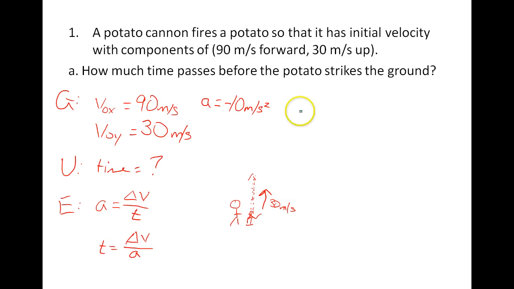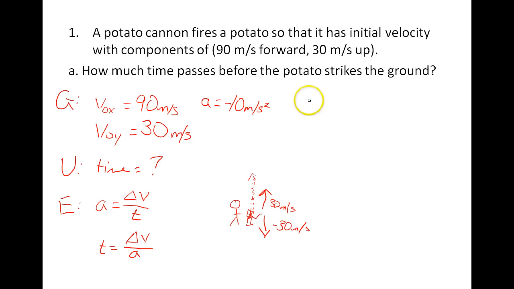So let's go ahead and plug in our numbers, change in velocity. Well, if it starts at 30 meters per second and comes back down to the same position, what will its velocity be at that position coming back down? Well, it would be negative 30 meters per second. So your change really is going to be twice that initial vertical velocity.